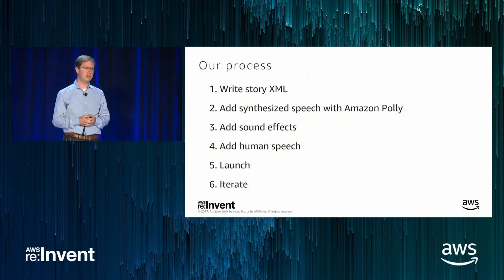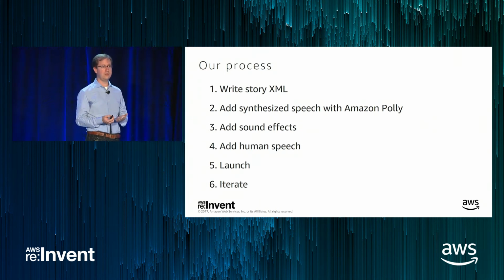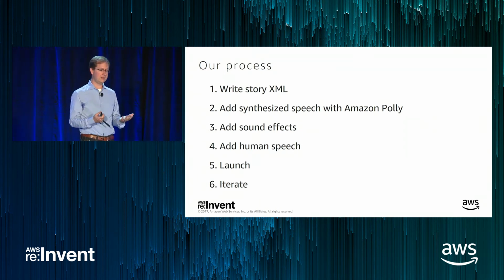We have a proprietary markup language that's XML-based that we use internally to represent the branching nature of the story. And then as soon as we've done that, we can start previewing our story and hear it in a plain, basic default voice using Amazon Polly. And that sounds okay, but that's not where we end.